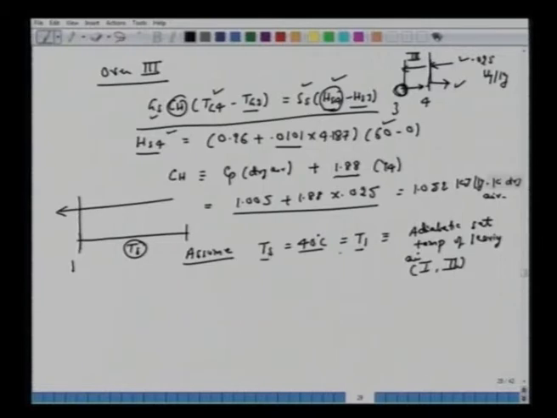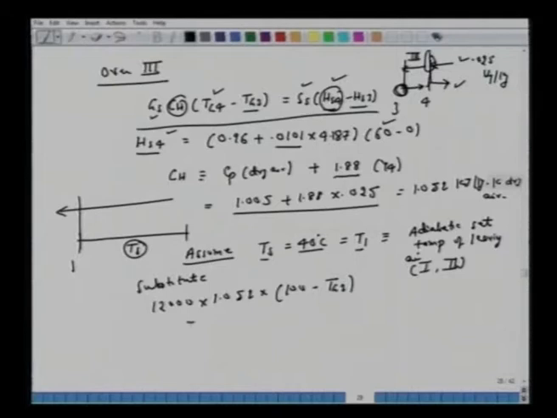So now we assume this and we substitute. GS 12,000, CH we calculated 1.052 just now, Tg4 is 100 degrees centigrade, the temperature of air here, minus Tg3, which is not known to us.